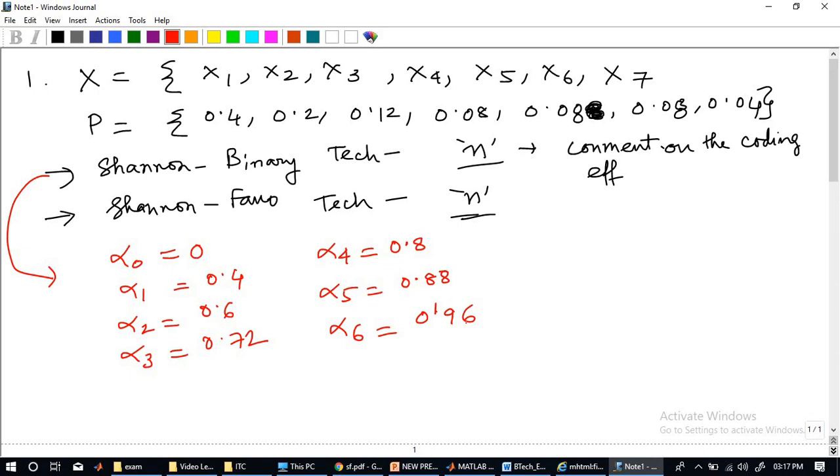Check for the length of the code words. And you convert that decimal to binary. And remember to take the number of bits as the length of the sequence. How many bits do you have to take?